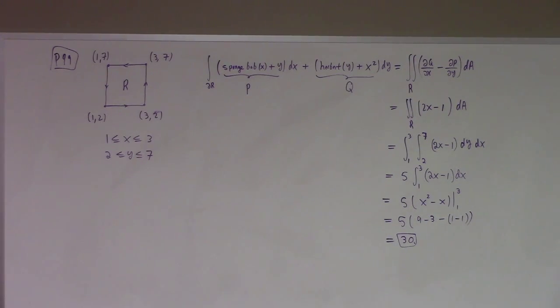So suppose I had some region like this, and suppose that the outer edge is counterclockwise oriented, and suppose you've got some holes in this thing.